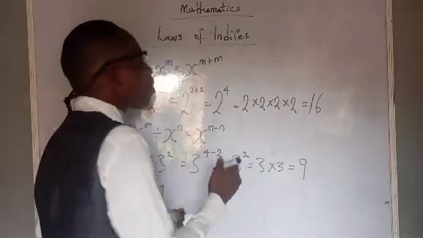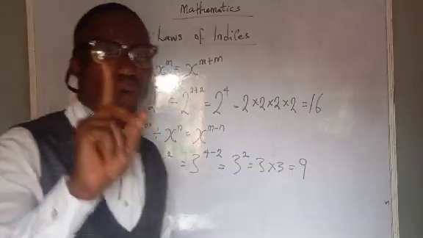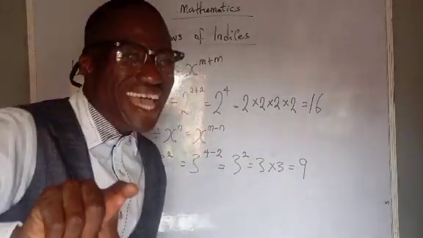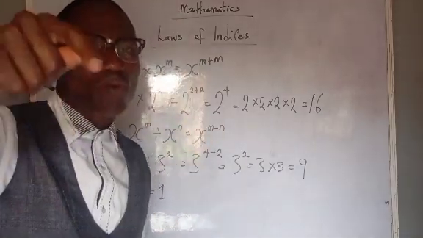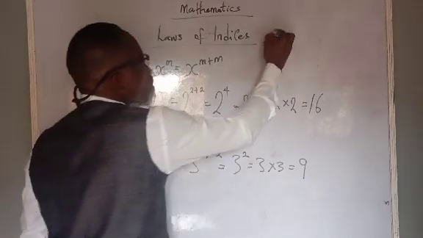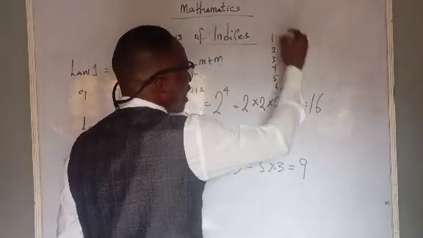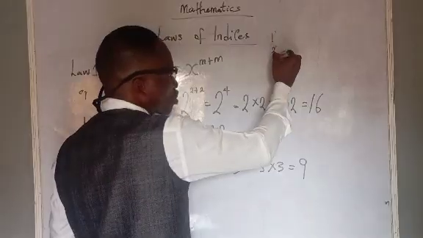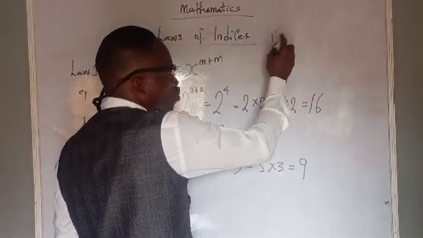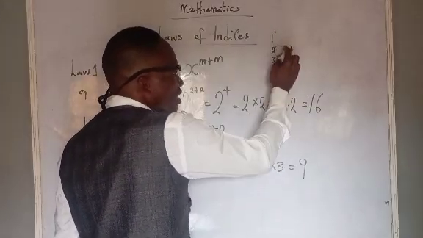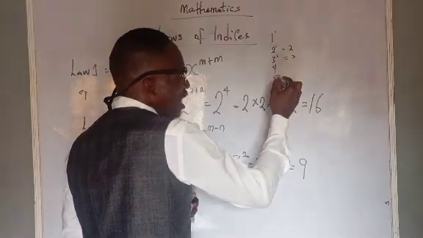Mind you, every number is always raised to the power of 1, or else another number is added to it. For example, your 1, 2, 3, 4, 5, 6, 7, 8 to 9. This raised to the power of 1, this raised to the power of 1. 2 raised to the power of 1 is 2. 3 raised to the power of 1 is 3. Are we there now?